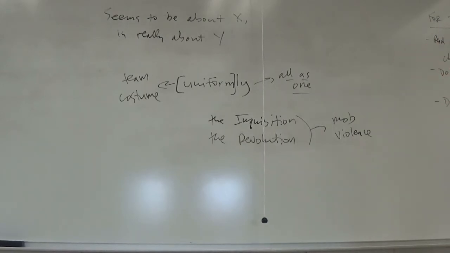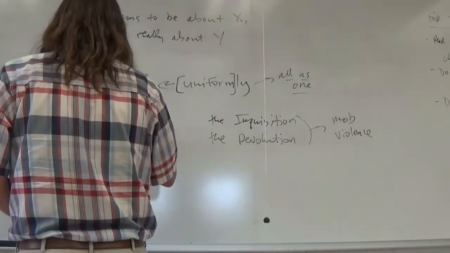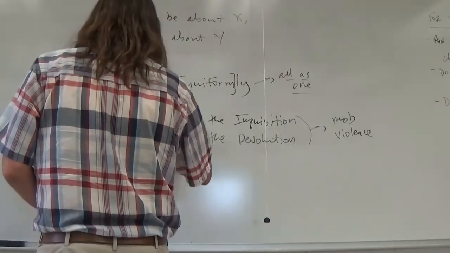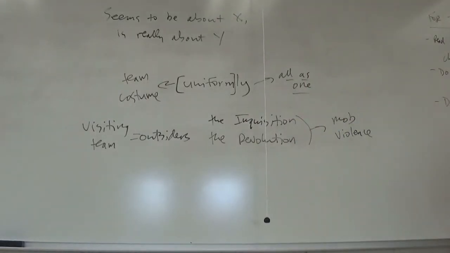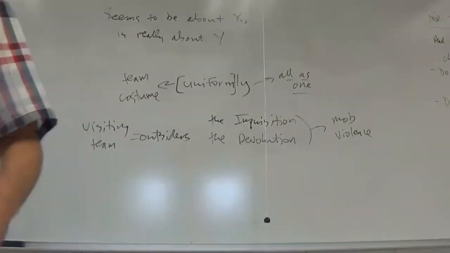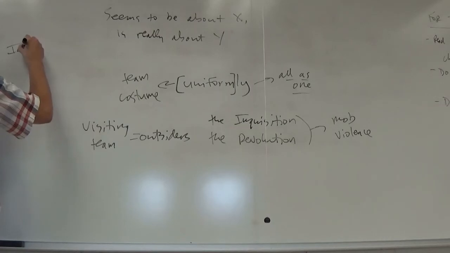So who might the outsider group be at a baseball game? The opposing team. The opposing team, yeah, especially the visiting team, right? So one thing that we're doing here, and then we'll get to your piece in a second, Jennifer, so you will have a chance as well, is building towards what we call an interpretive context.